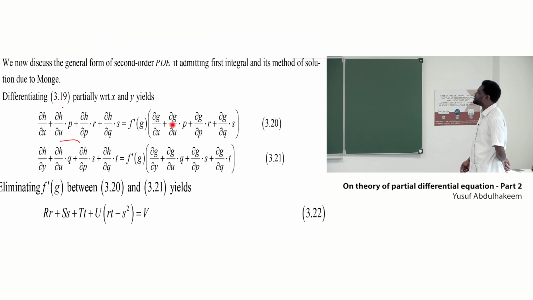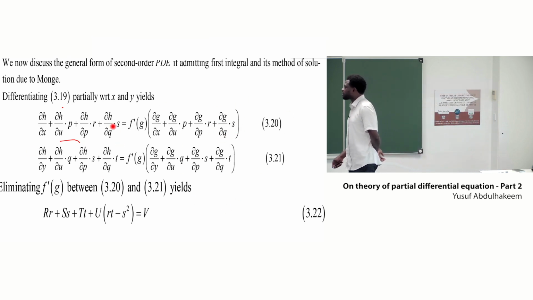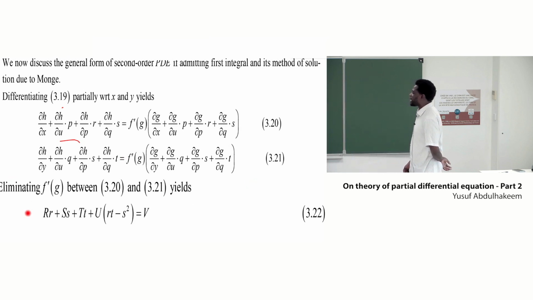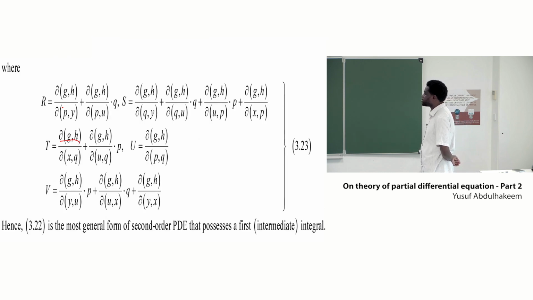Then we eliminate f prime of g as we did yesterday, by eliminating ∂φ/∂x and ∂φ/∂y. We do the same thing here, and once we do that, we are going to have this equation, 3.22.